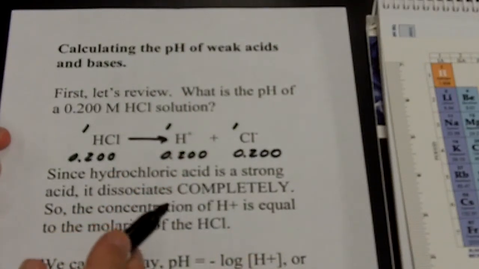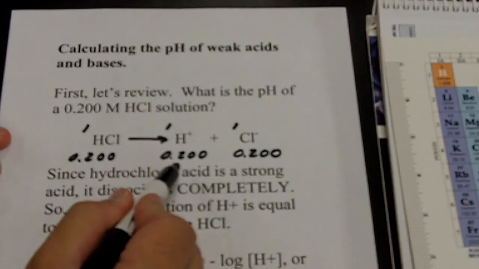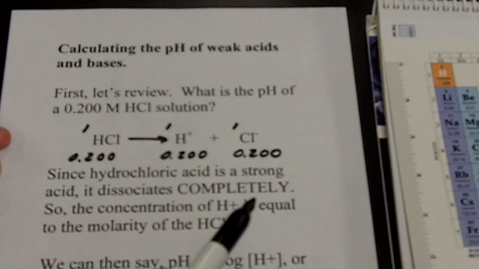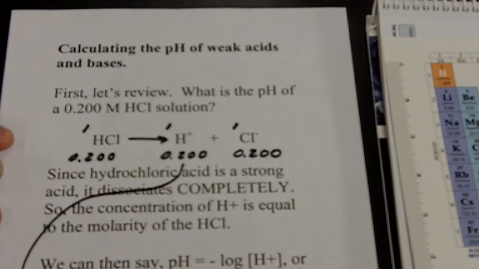All right, so now let's calculate the pH, because remember that pH is determined by the hydrogen ion concentration. Now, we learned in a previous video podcast that the pH was equal to minus the logarithm, that's log, not ln, that's base 10, not base e. pH is equal to minus the logarithm of the hydrogen ion concentration. So let's plug that in. The 0.2 molarity of hydrogen ions can be plugged in right here.